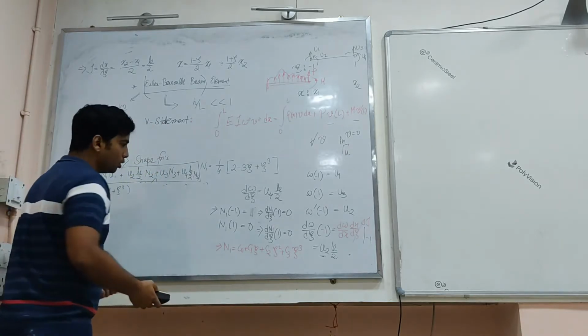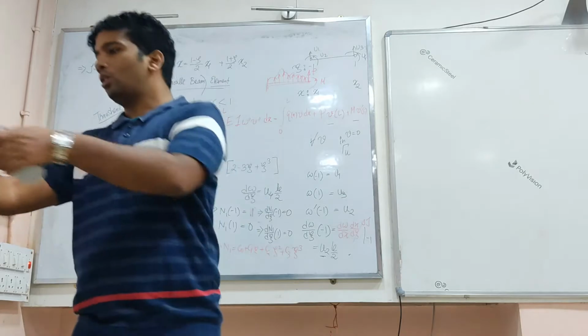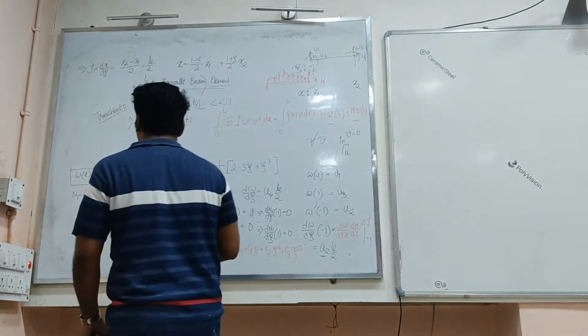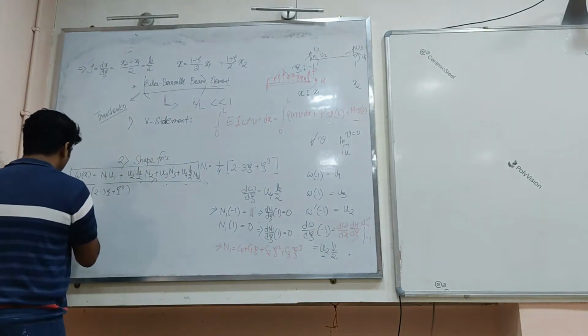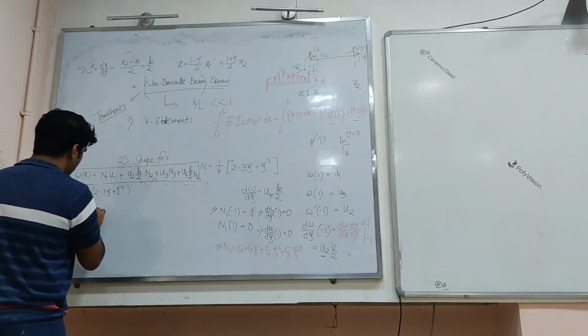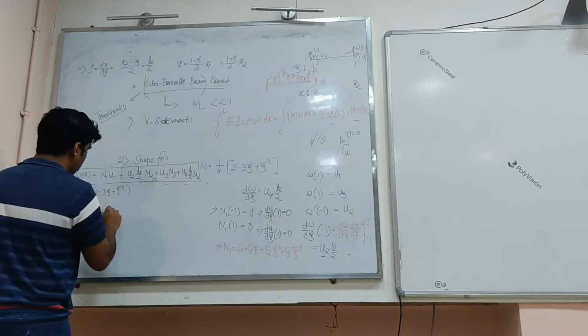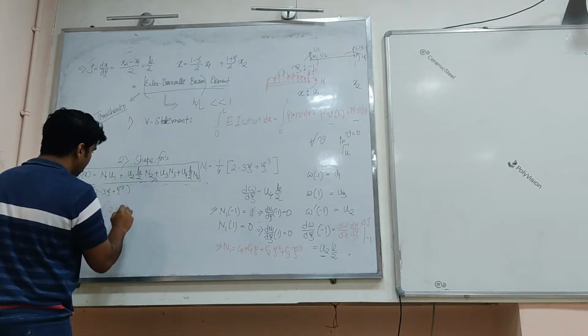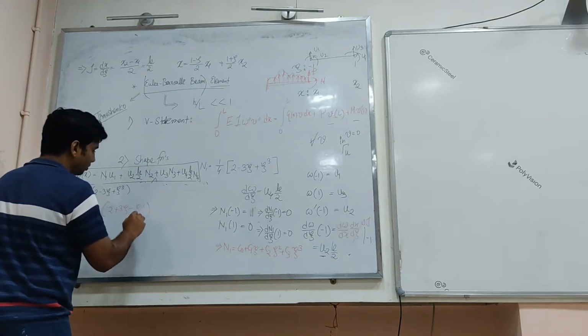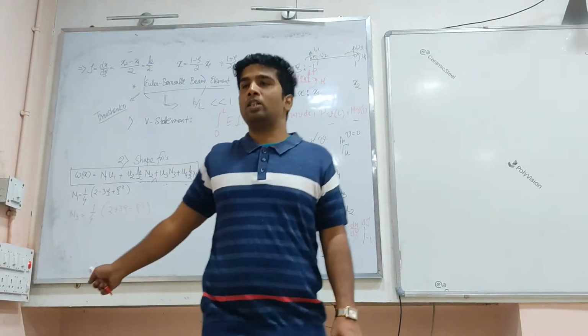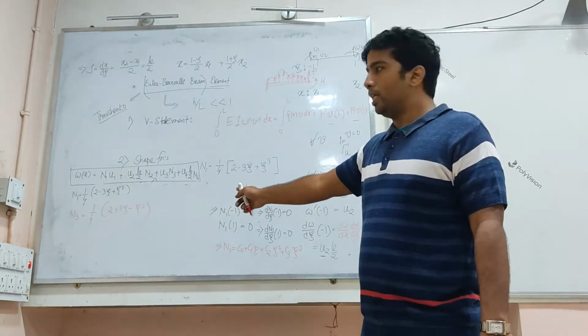Now since we have the expression for n1, we can get the expression for n3 also, very similarly. So it should be 2 plus 3 xi minus xi cube. And check, this also satisfies all the boundary conditions.